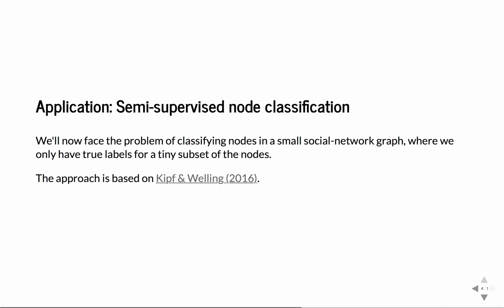The graph is given. There are some problems where you don't really have the graph, and you have to construct it from the data. But in our case, we know the graph, and we know the meaning of the graph, but we need to classify each node, but we don't have the labels for all the nodes. We just have a very tiny subset of labels. Okay, so we'll implement an approach based on this paper. You can see the linked paper if you want.